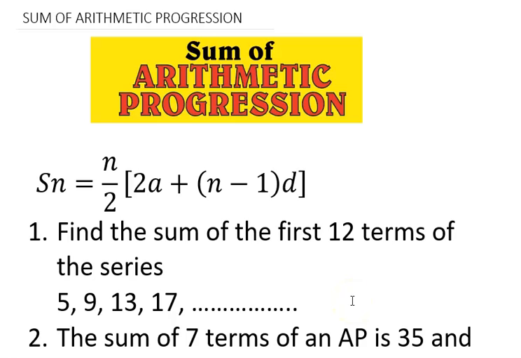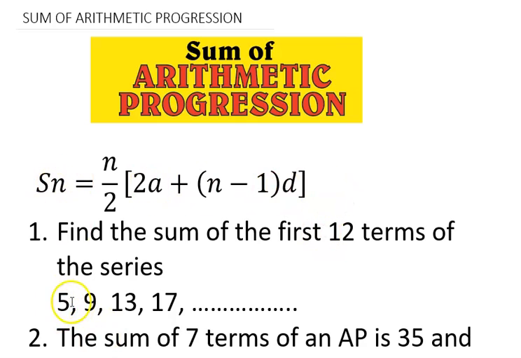But instead of going through that rigorous process, we have to look for the first 12 terms: 1, 2, 3, 4, 5, 6, 7, 8, 9, 10, 11, 12. Then we add everything together, and that will be our result. Instead, we just apply this formula.